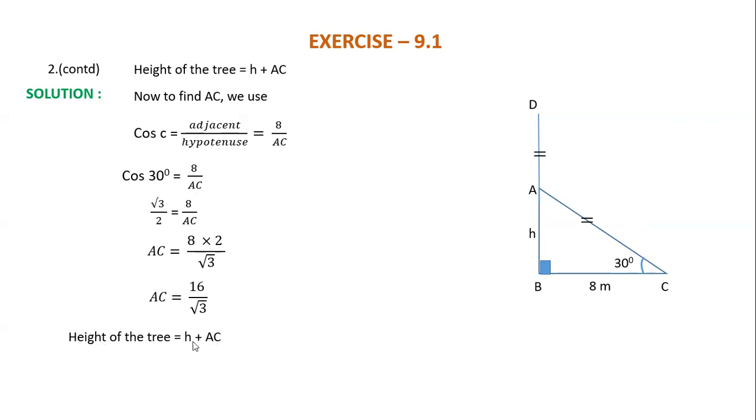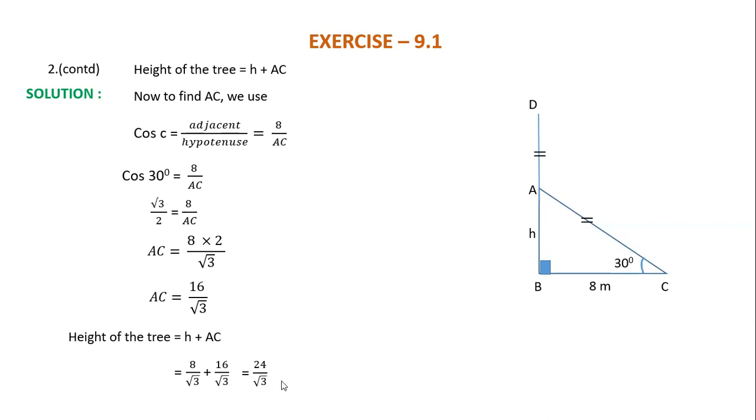So height of the tree is h plus AC. What is the value of h we have got? 8 upon root 3. And AC is 16 upon root 3. Denominator is both root 3, so LCM will be root 3. So add the numerators: 16 plus 8 is 24, 24 upon root 3.